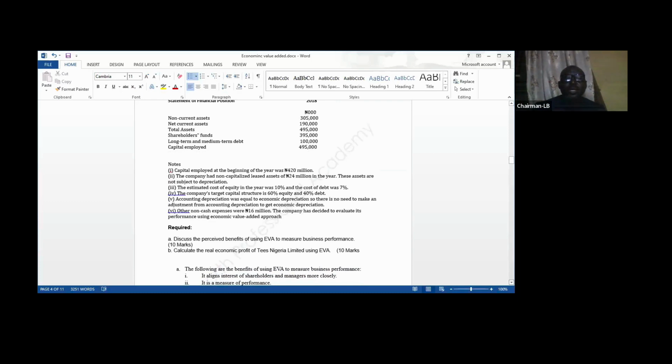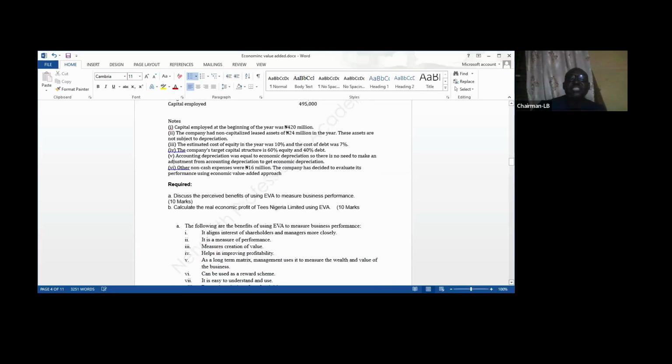Discuss the perceived benefits of using economic value added to measure business performance. 10 marks. What are the advantages of using economic value added to measure business performance?